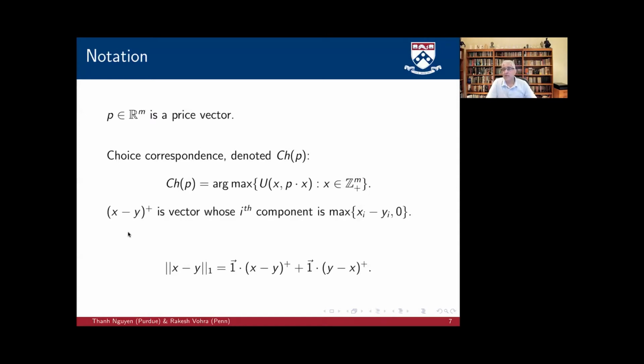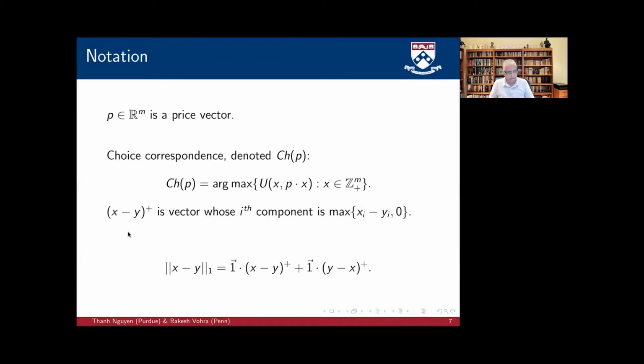If you think about x and y as 0-1 vectors, so they refer to a bundle of goods where you're consuming at most one copy of each good, then the L1 distance between x and y is simply a measure of the number of goods that I have to swap out of x, plus the number of goods that I have to take from y and put into x so that x will become y. So in other words, it's the number of exchanges that I have to perform to move from the bundle X to the bundle Y.